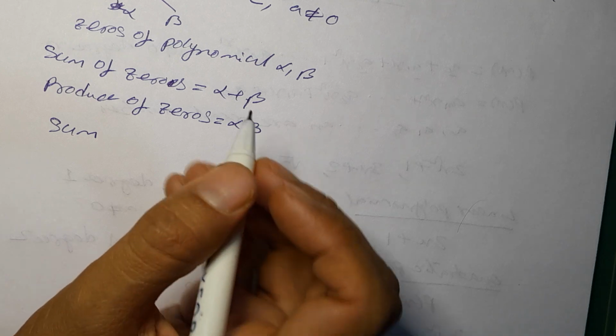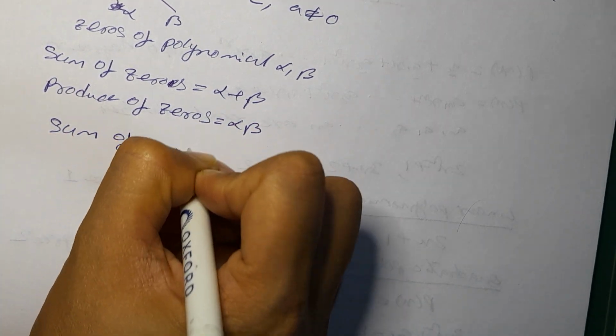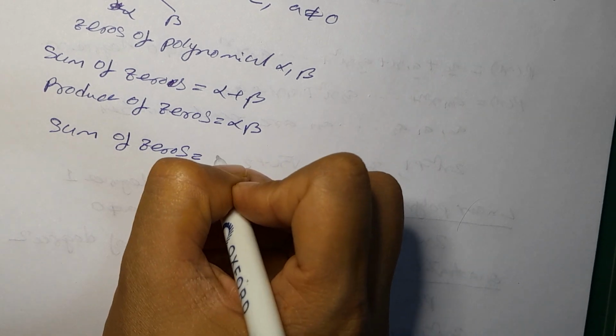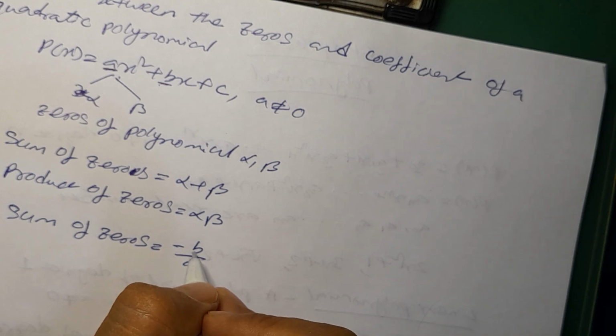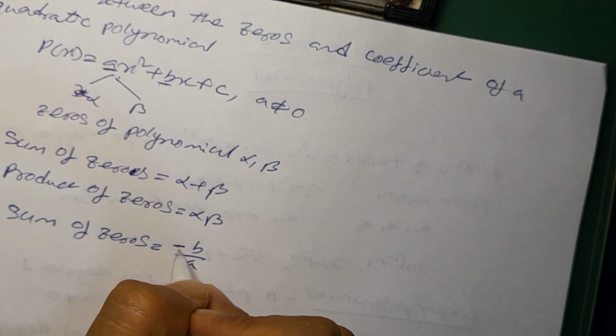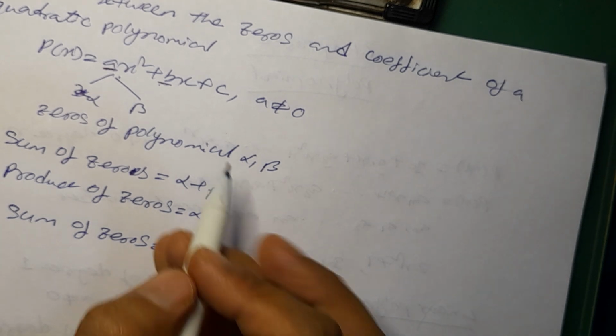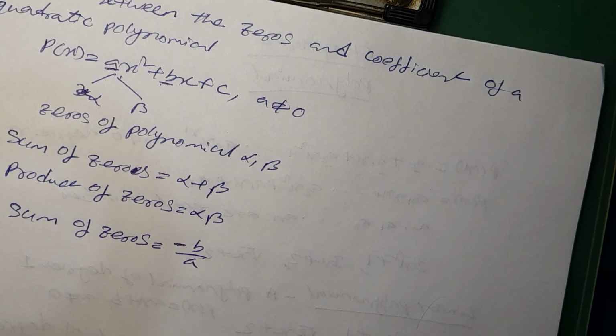Now we are going to find the direct formula. Sum of zeros is equal to minus b by a. See, where is the b? The coefficient of x. This is the formula: minus b, where b is the coefficient of x, and a is the coefficient of x square.